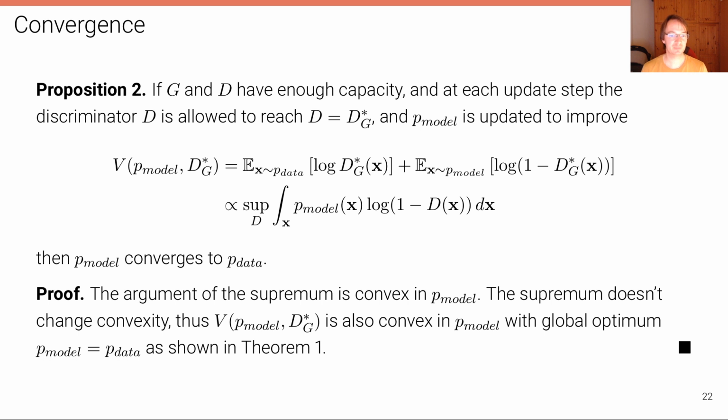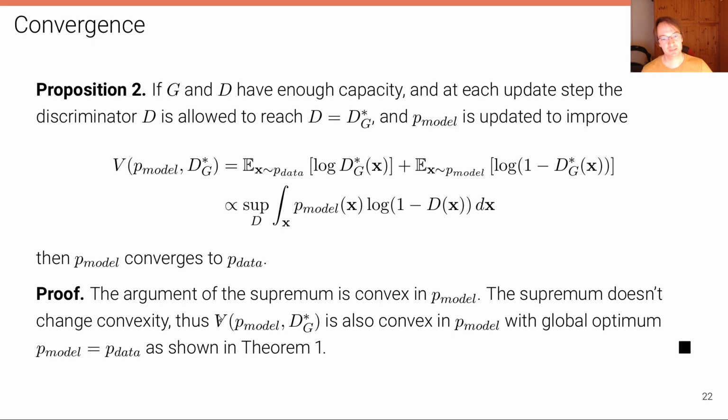The argument is simply that the argument of the supremum here, this integral, is convex in P model. You can directly see that. And the supremum doesn't change convexity. So the supremum of convex functions is still convex.